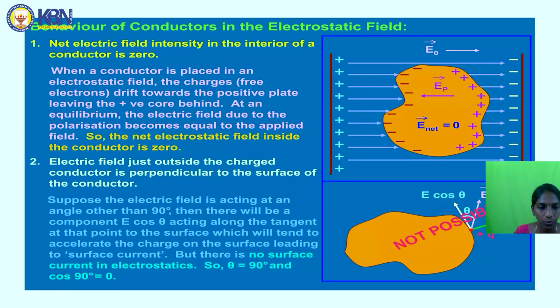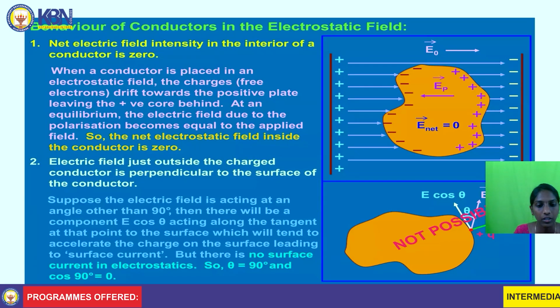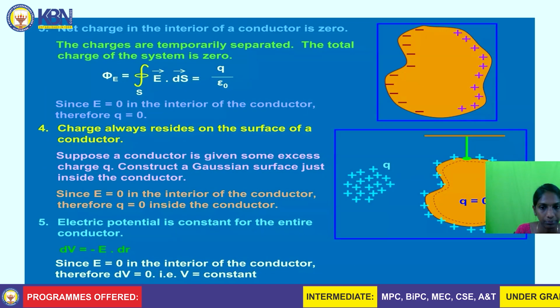But there is no surface current in electrostatics. So θ is equal to 90 degrees and cos 90 degrees is equal to 1.